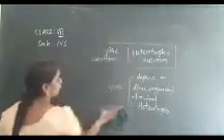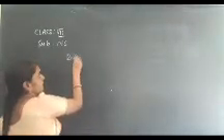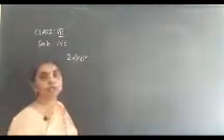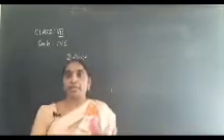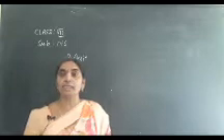What is photosynthesis? The second question is what is photosynthesis? Write the word equation. Photosynthesis means the process of preparation of food by the green plants using water and carbon dioxide in the presence of sunlight and chlorophyll.